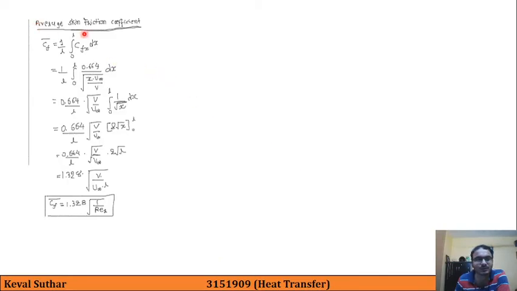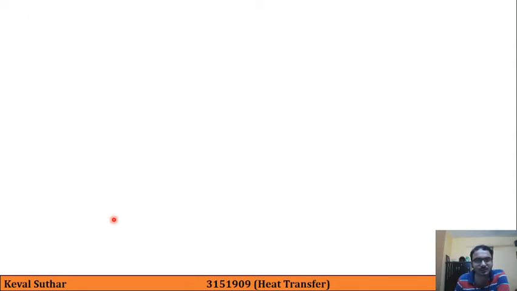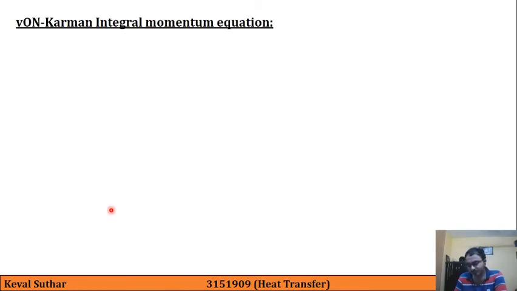And here we obtained the value of average skin friction coefficient Cf bar, which is 1.328 square root of 1 by Rex. So that was all about the Blasius solution. Now we are moving forward with our today's topic, that is von Karman integral momentum equation.